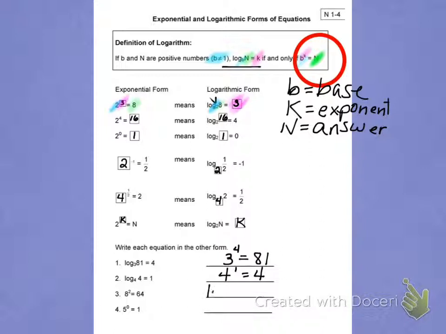So we have log base 8 of 64 equals 2. The exponent is the answer in log form. The second one, number 4, you have log base 5 of 1 equals 0.